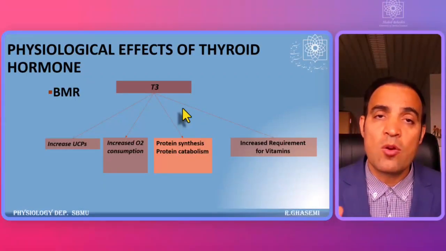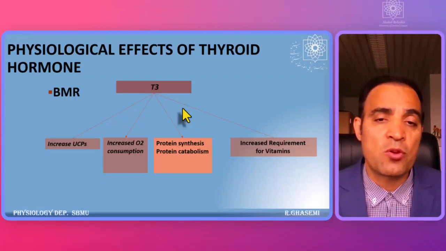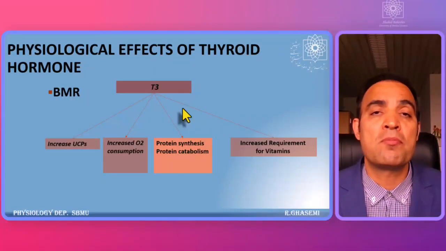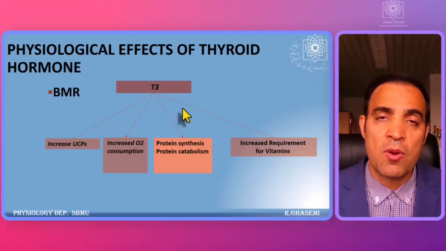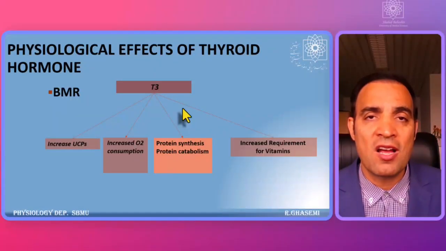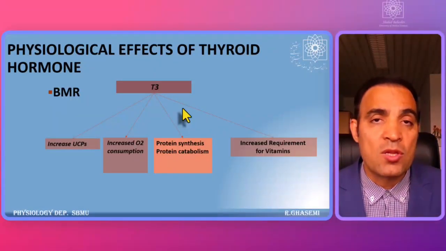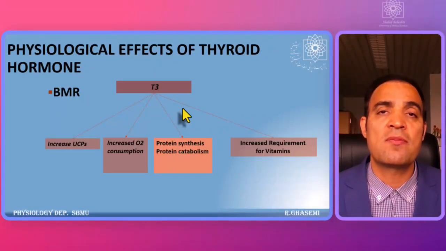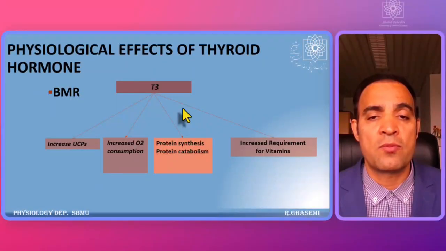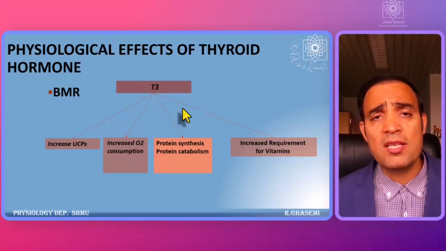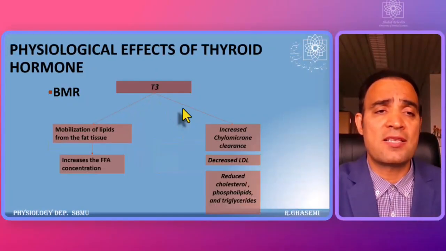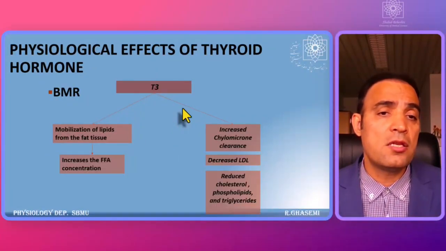In low concentration, it decreases protein catabolism, and mainly thyroid hormone stimulates protein synthesis. But we should know that in very high levels, it can do the reverse and even use the proteins as an energy source. But normally, it stimulates the protein synthesis.